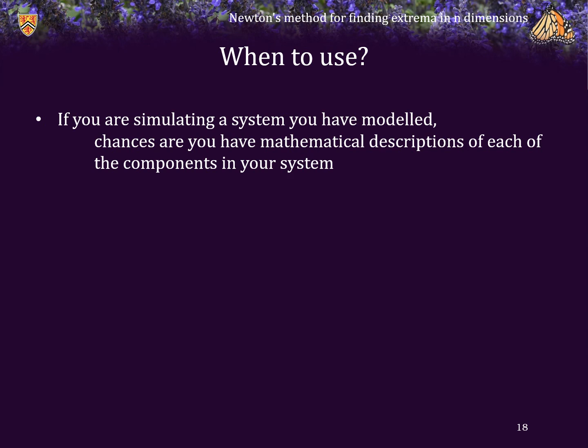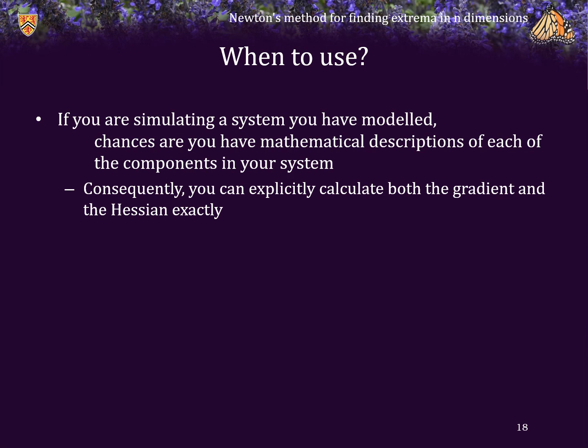Now, when to use this technique? Well, suppose you're simulating a system that you've modeled. Chances are in your model, you have mathematical descriptions of each of the components of your system. Consequently, you should be able to explicitly calculate both the gradient and the Hessian exactly.